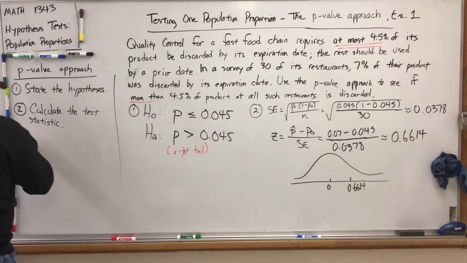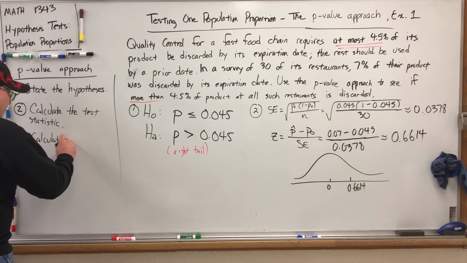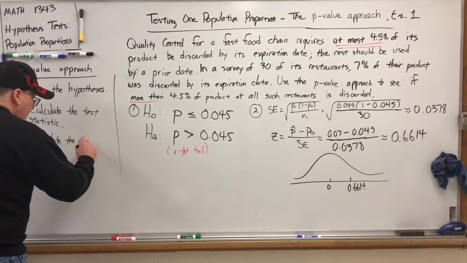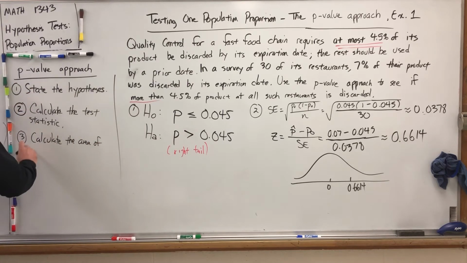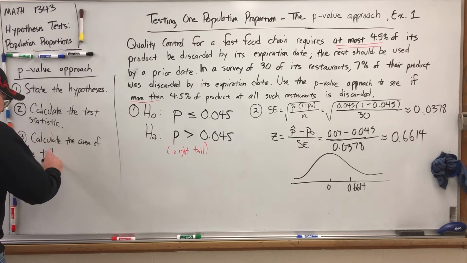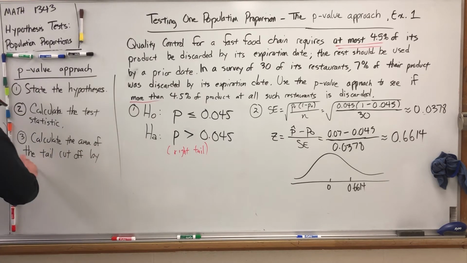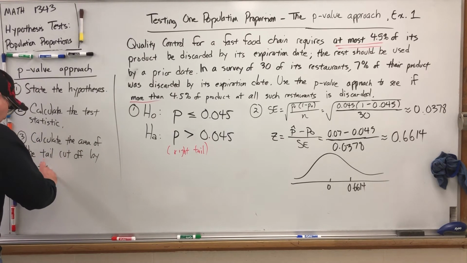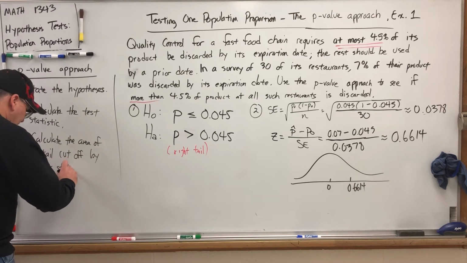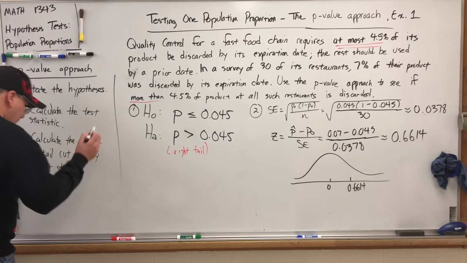Step 3. Calculate the area of the tail cut off by the test statistic. Period.